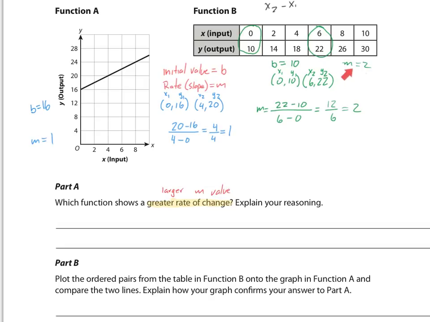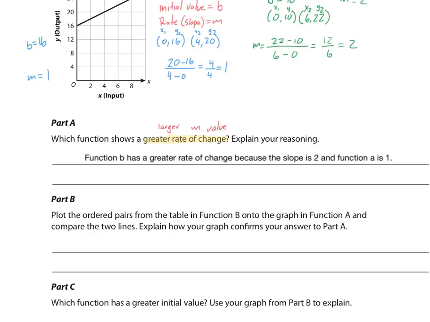And we have m is equal to 2 for function b, and m is equal to 1 for function a. So everybody should know that 2 is larger than 1, so we're going to say function b has a greater rate of change, or has a larger slope, because 2 is larger than 1.